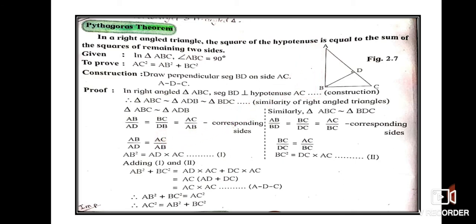So I pick up the first ratio and the last ratio. So I have taken AB upon AD and I have taken AC upon AB. So this one I don't require, I don't take it. Now I cross multiply. So I will get AB into AB, AB square, is equal to AD into AC. I get the first equation. Now let us take the set of other two similar triangles.